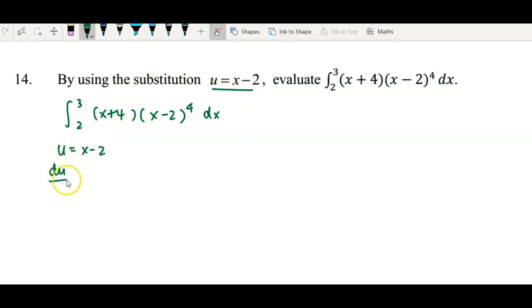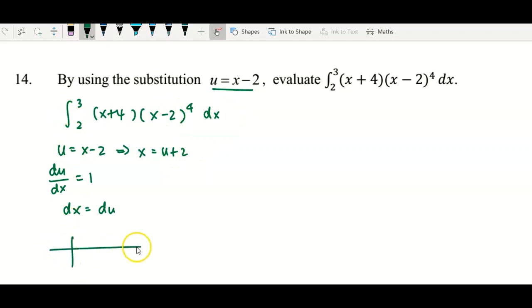So now you need to get your du/dx equals 1, meaning that dx later on will be substituted as du. And how about the x plus 4? We know that x equals u plus 2. From this statement, we make x the subject. We have x equals u plus 2. So this x is going to be replaced by u plus 2.